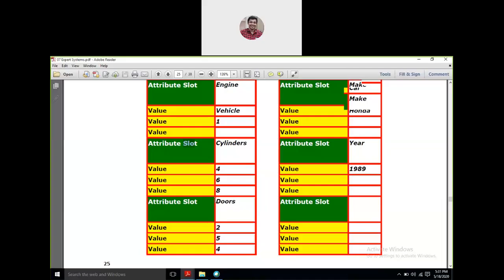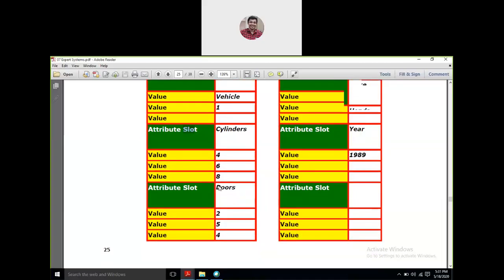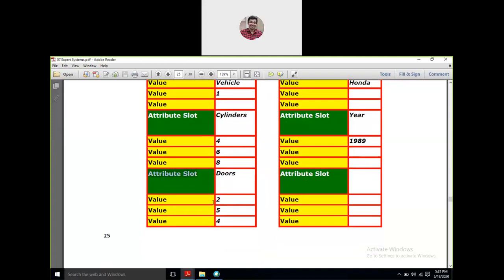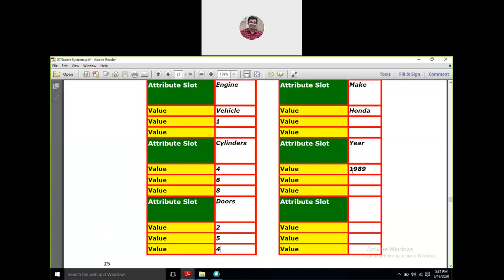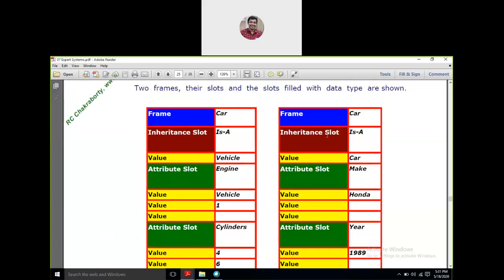Within the frame car, I have multiple slots: the inheritance slot, the attribute slot for the engine, the attribute slot for the cylinders, and its particular values, like it can be 4-cylinder, 6-cylinder, or 8-cylinder, right? Now the number of doors. When I have an attribute slot on the doors, I can have a 2-door, 5-door, or 4-door kind of car. Likewise, I do have a second example of it also.